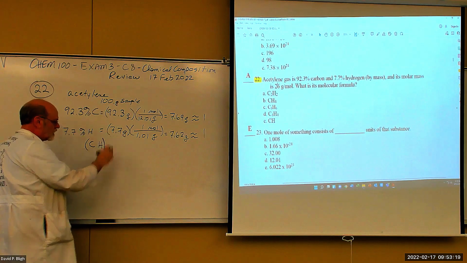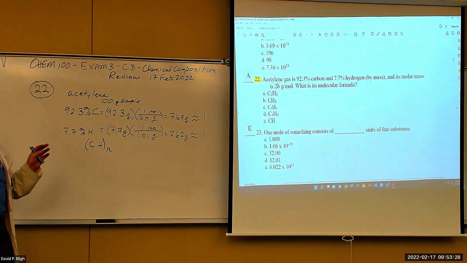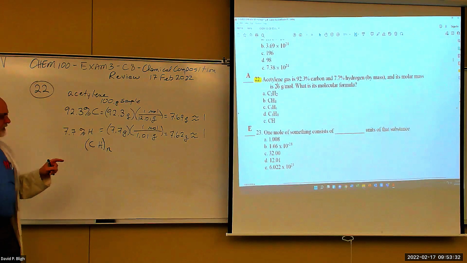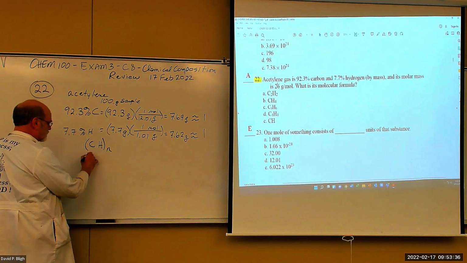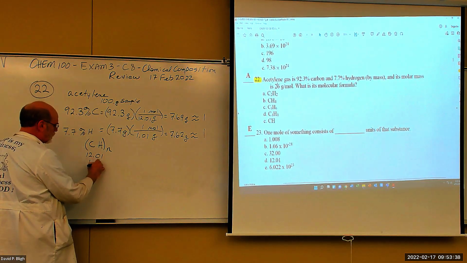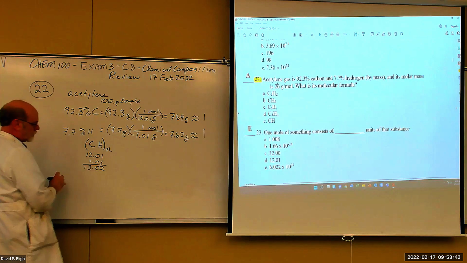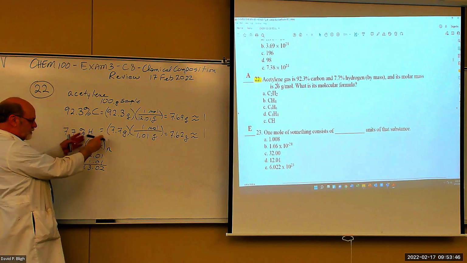What we need to know is what's the multiplier to give us the molecular formula. So the next step is what? Ratio the true molar mass to the empirical mass. So what's the empirical mass? 12.01 and 1.01 is 13.02 grams per mole of this formula.